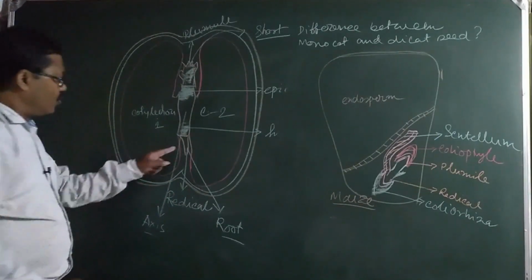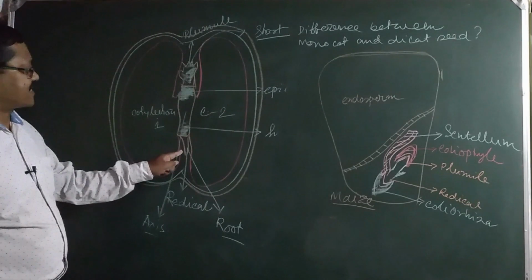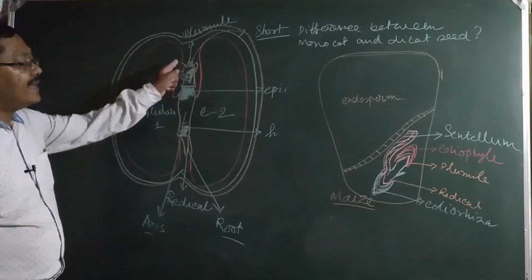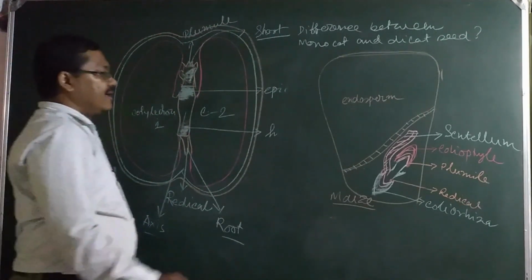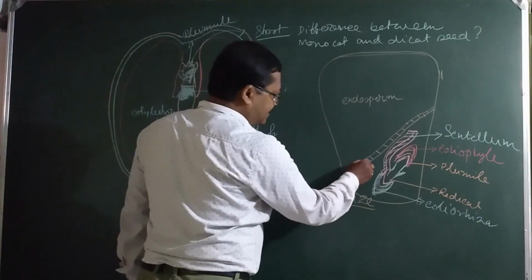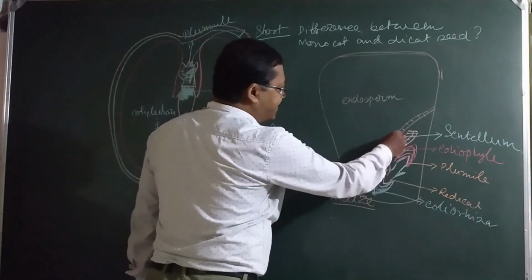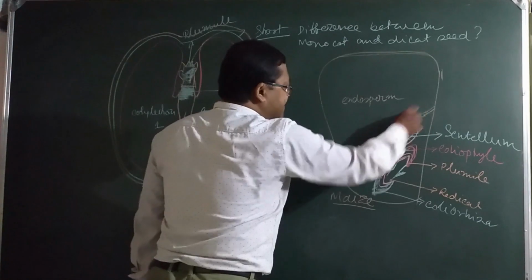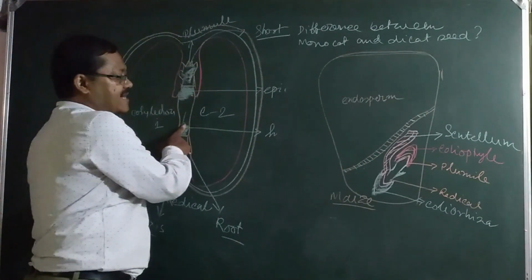But no such special structures are observed in dicots. An albuminous cell layer, an epithelial tissue layer, is present here. Here it is not present.